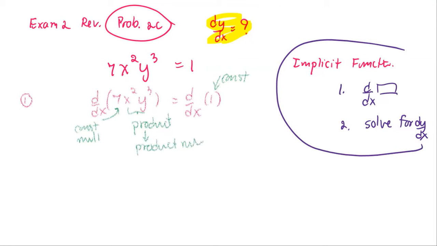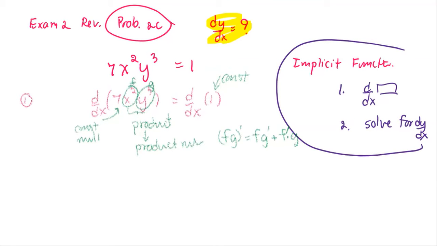The product rule, when you find the derivative of the product of functions, is the first function times the derivative of the second plus the derivative of the first times the second function. So we can treat x squared as the first function and y to the third as the second function. So f is the first and g is the second.